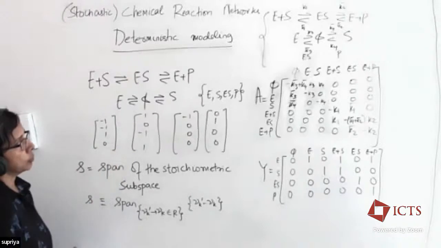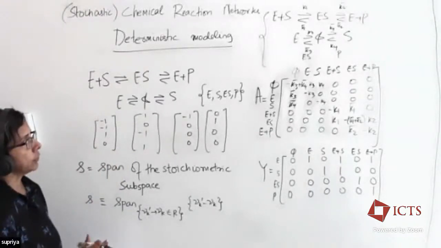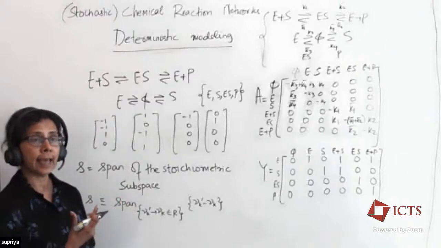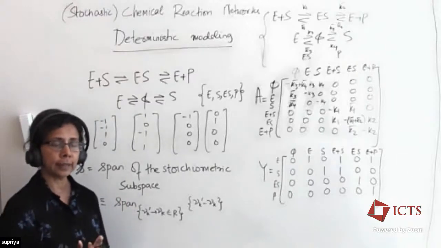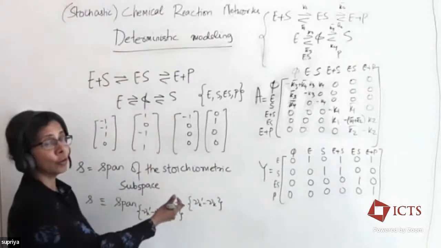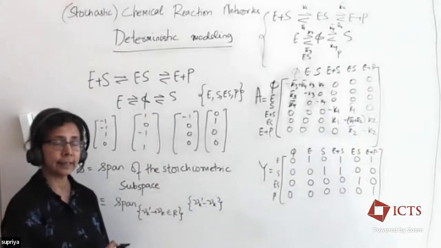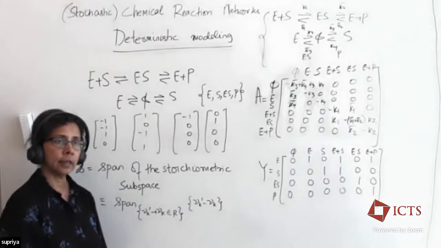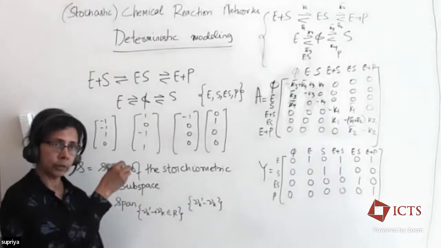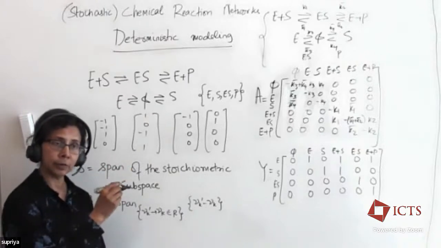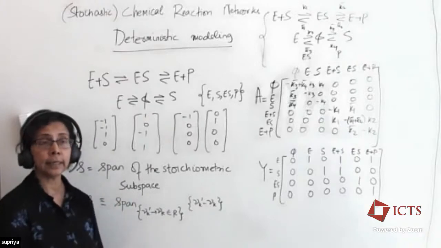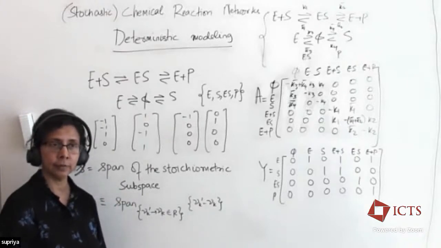So in this particular case, it was 4. The caveats are that clearly the number of reactions plays a role in what the span of this is, but it doesn't have to be equal to the number of reactions. We saw an example yesterday with periodic boundary conditions, and we'll see another example. It doesn't have to be equal to the number of species.